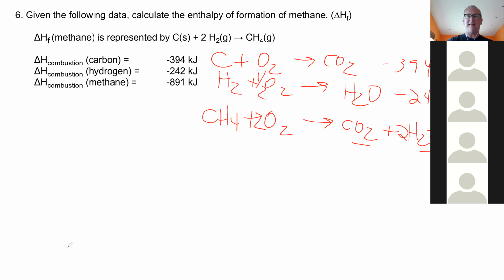So basically we have to take these 3 reactions and figure out how we wind up with this. First, look for carbon as a reactant. What reaction is that? The first one. Right, that's the first one.